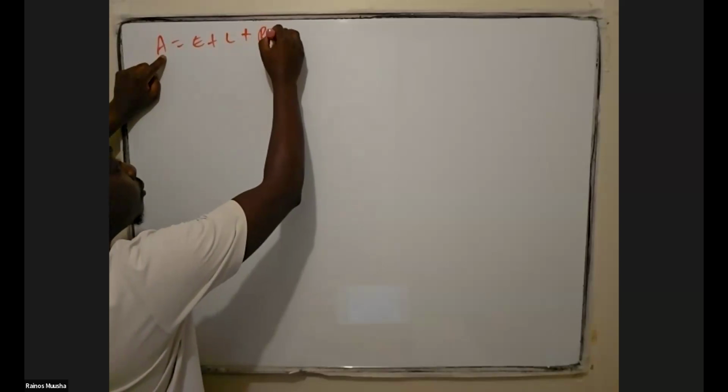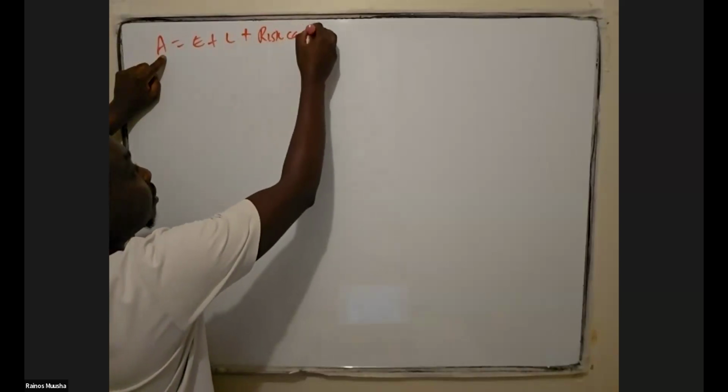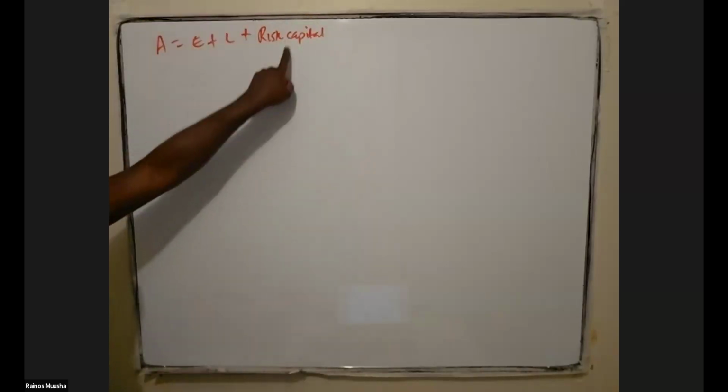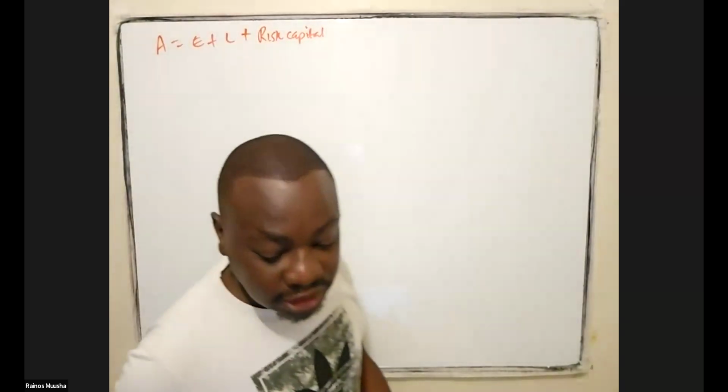So this is where we're going to be talking about risk capital. This is the element we're going to delve deeper into, also from an accounting perspective using numbers, analyzing exactly why we say risk capital is relevant when it comes to the capital of the business. That's what we're going to be looking at in study unit 3.